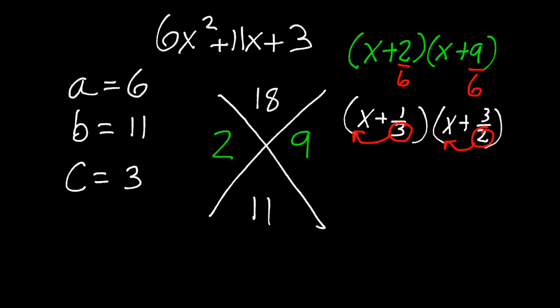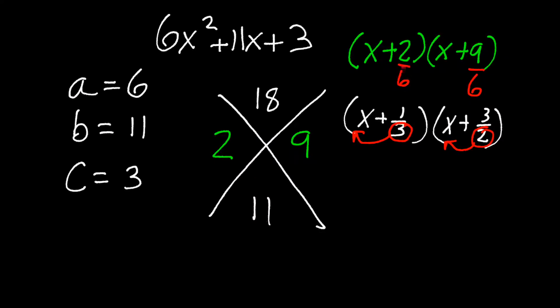So let's recap here. We found the 2 numbers that multiply to 18, which was 2 and 9. They also added to 11. We put them into our parentheses, and then we divided by a. That's key here.